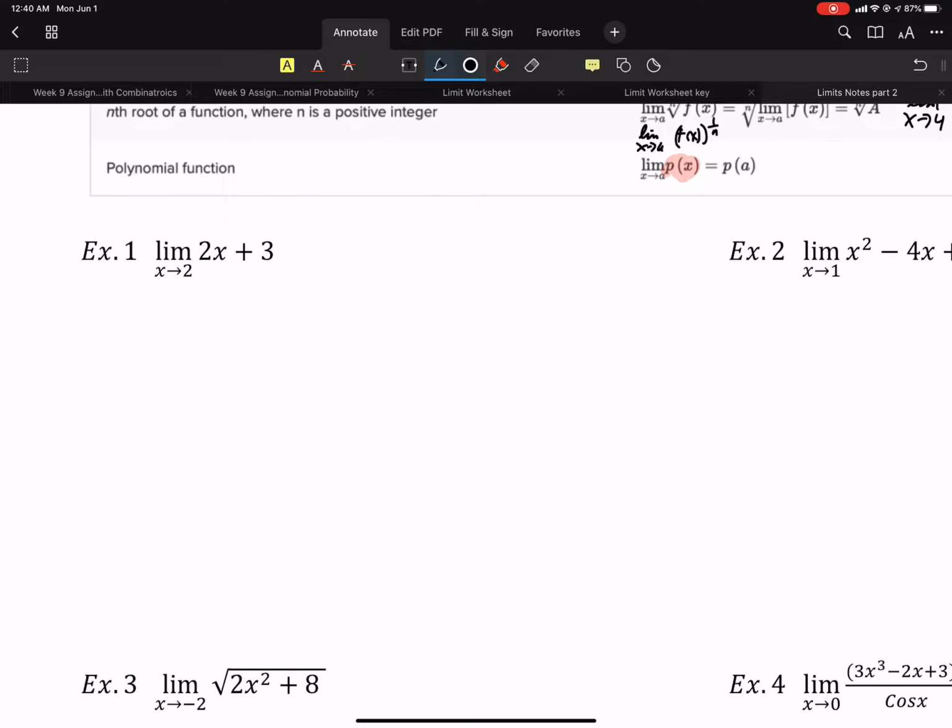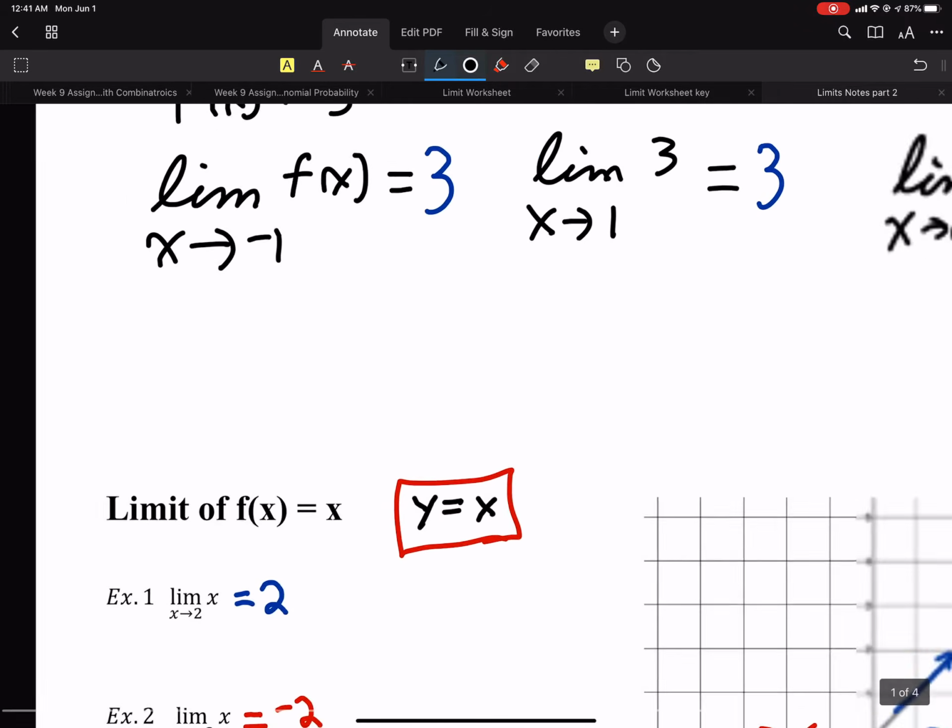So the first one, I have a sum. So I'm going to break them up into 2 individual limits. Because really, the only limits that you know were those first 2 that I showed you.